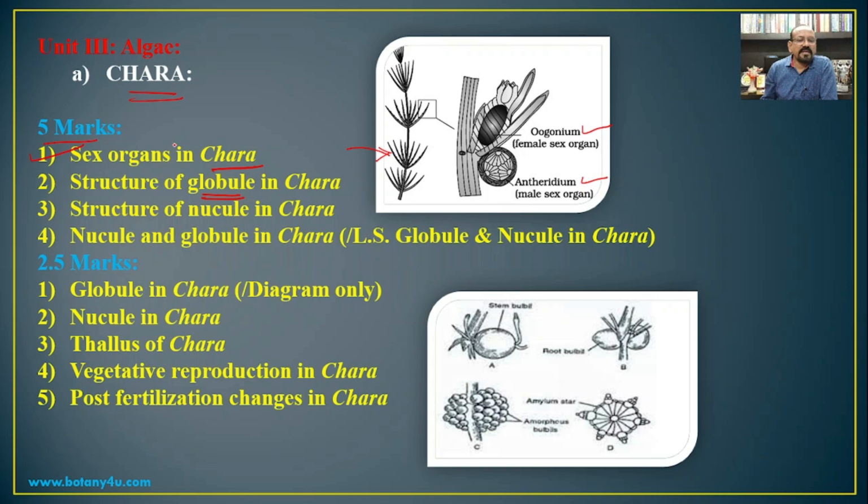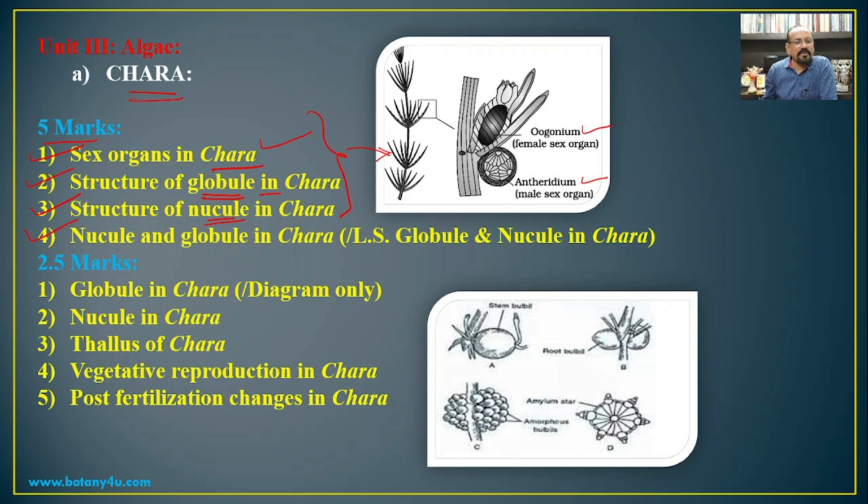So we can provide both in case of the sex organs in Chara, that is the structure of the globule and the structure of the nucule. If the question is asked only on the globule, we have to draw the diagram of the globule only, and if it is asked on the nucule, we have to draw the diagram of the nucule only. In all these 3 questions, the diagrams of the globule and nucule are most important and expected.